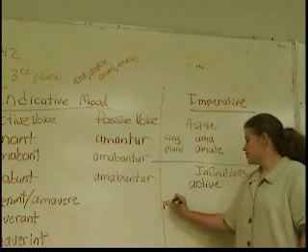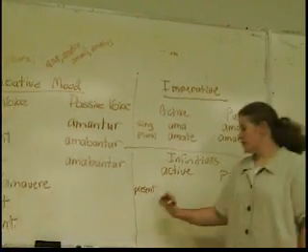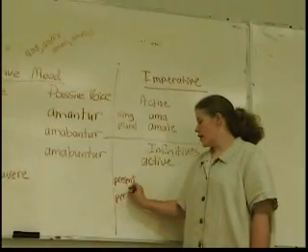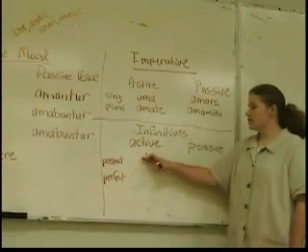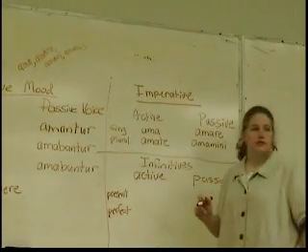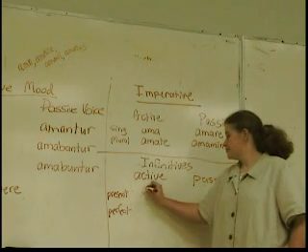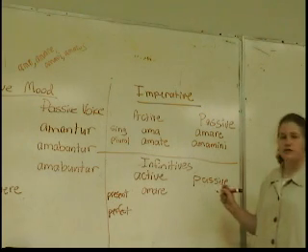You have a present tense. And I'm going to go ahead and write the perfect tense up here, even though you haven't quite seen it yet. You're about to see it. Let's start with the present tense. What is the present active infinitive for amo? Amare. And what is the present passive infinitive for amo?